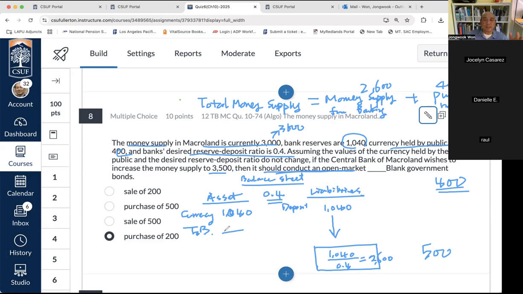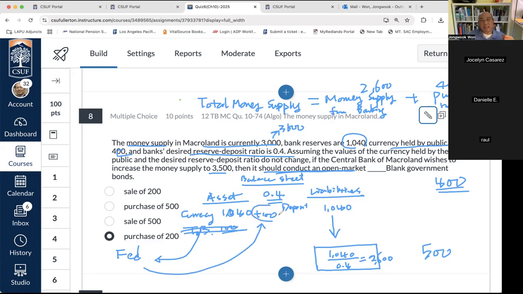So suppose they purchase 100. The bank doesn't have 100, so the Federal Reserve gives 100 here. The bond is gone, it goes to the Federal Reserve, and the Fed gives 100 to this bank.